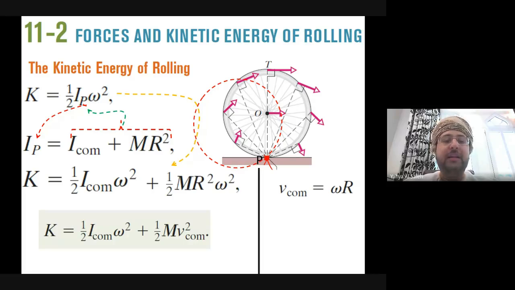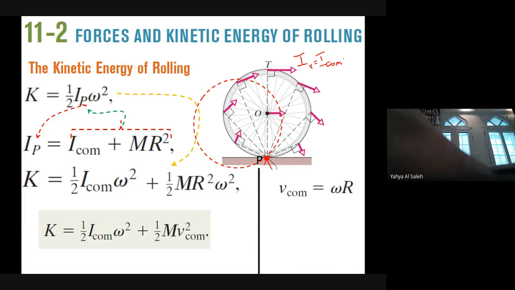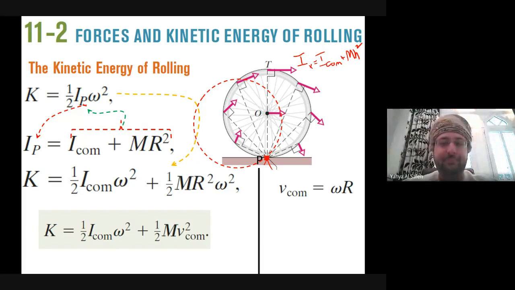If I expand this further, what is I_P? I_P is my I center of mass plus m r squared, according to our rule that I at any point x is equal to I_com plus m h squared.